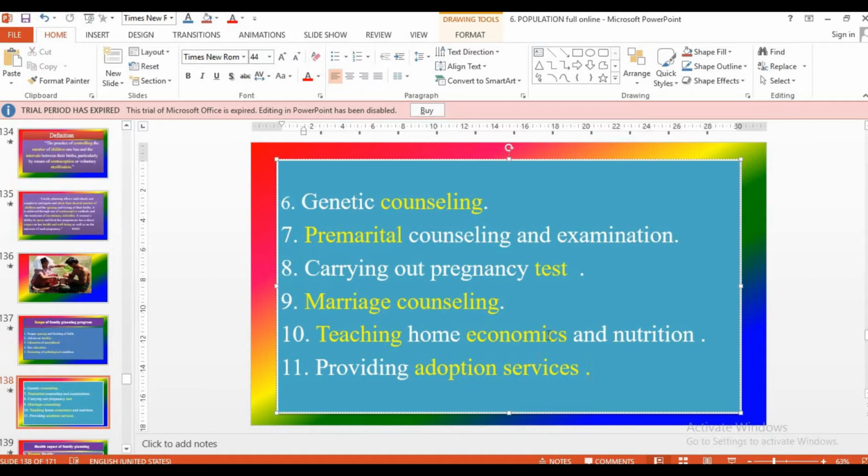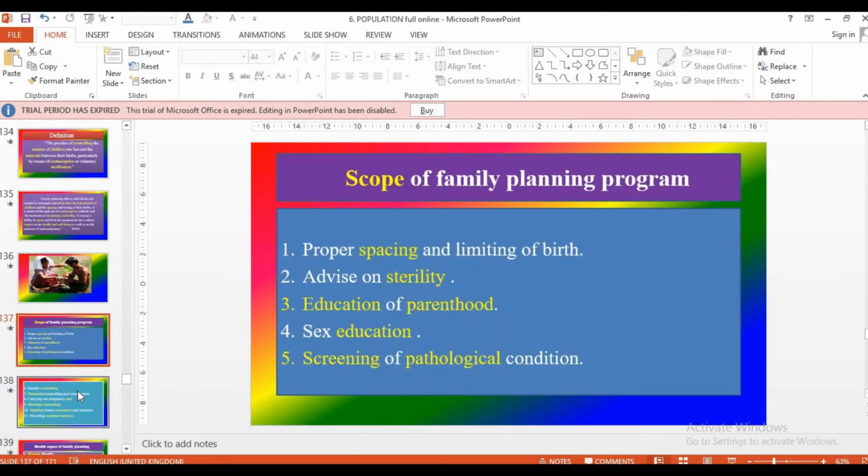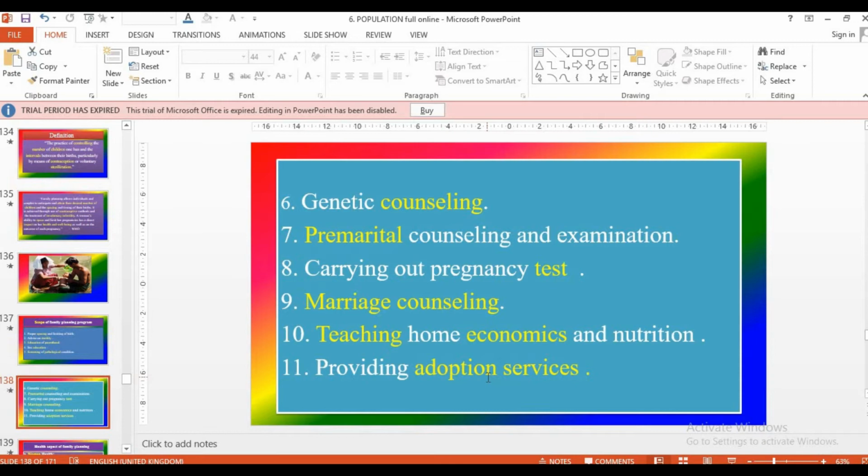At that time, do not divorce; adopt a child from an orphanage legally. Legal adoption is very important, but somebody may adopt illegally, which is a punishable crime. So family planning services help people learn how to legally adopt a child.